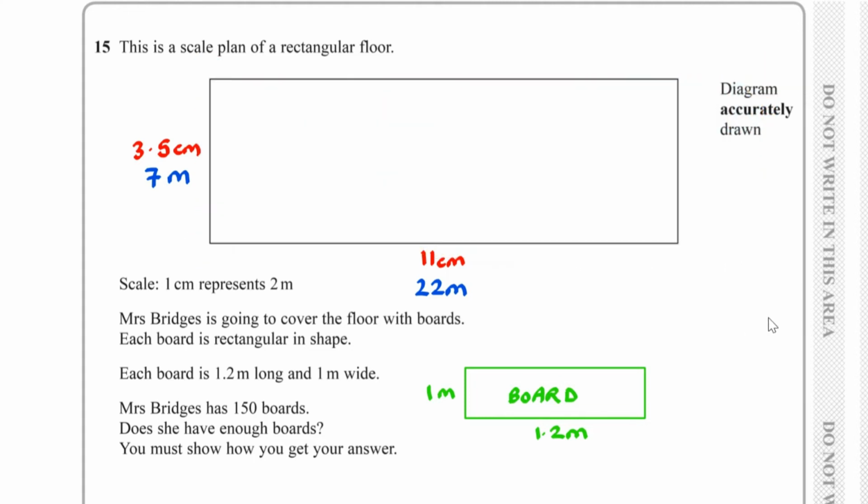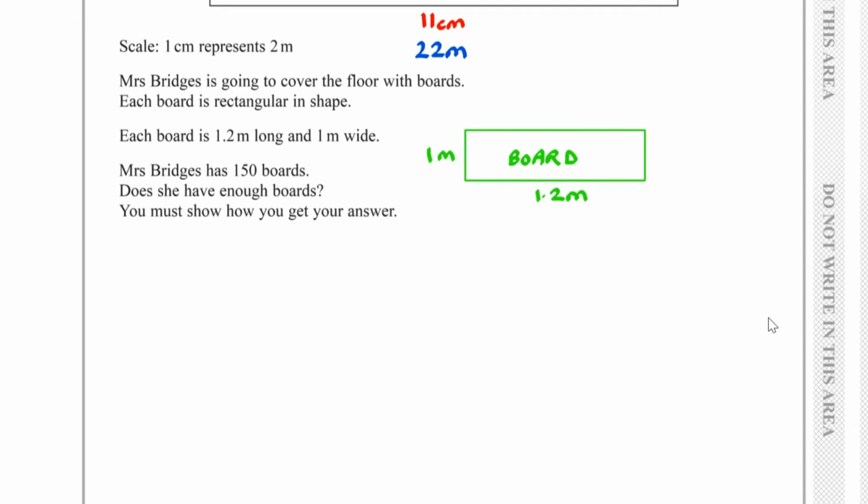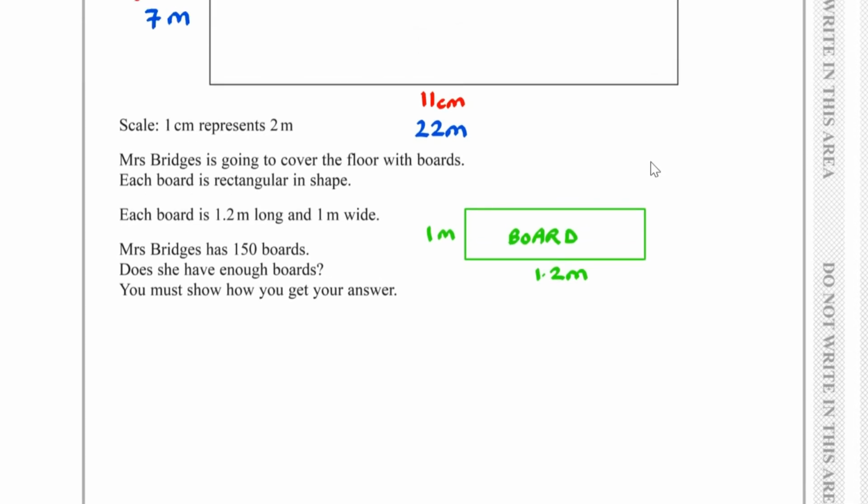So to do that, well, if we think about the width, then what we have is 7 meters, and we need to divide this by the 1, which is 7.